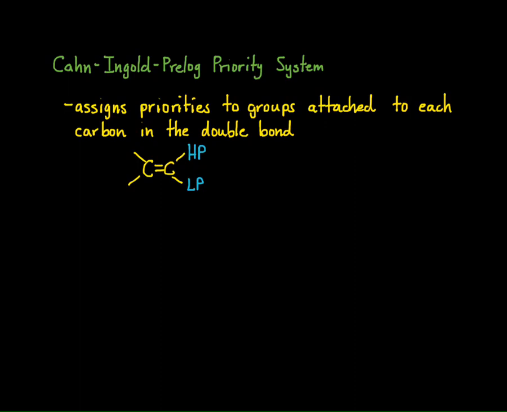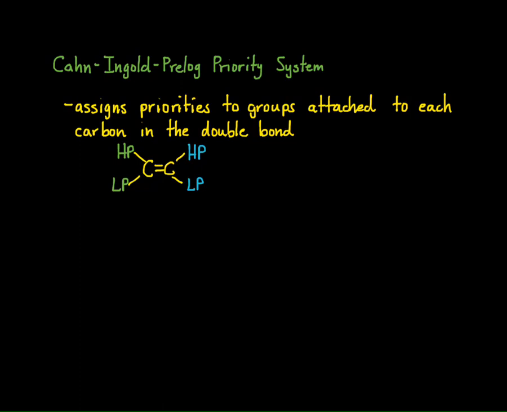Now notice I'm assigning priorities based on the substituents on that carbon. So now I go to the carbon on the left, and it has substituents, and I'm going to compare them. I see that the substituent at the top has the high priority, and the substituent on the bottom has the low priority.